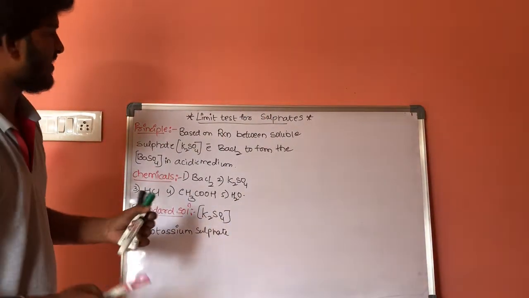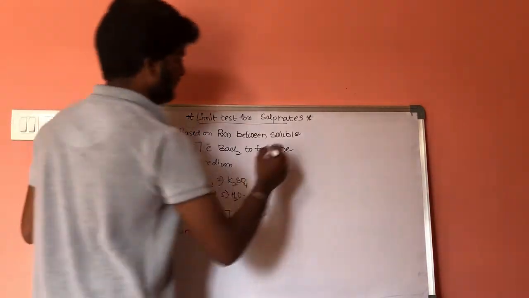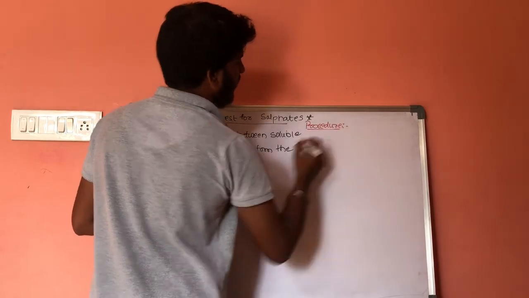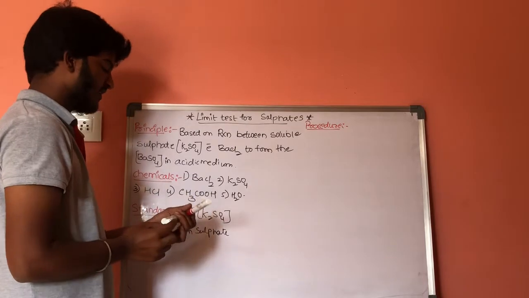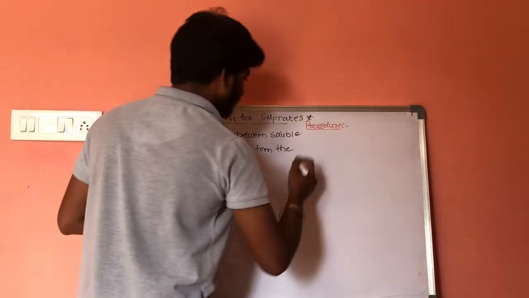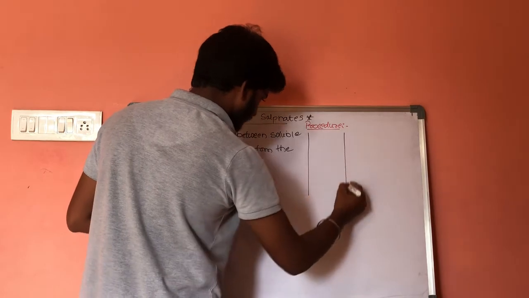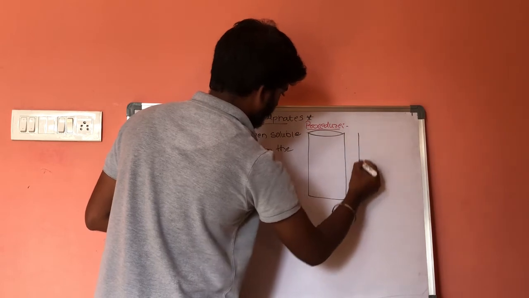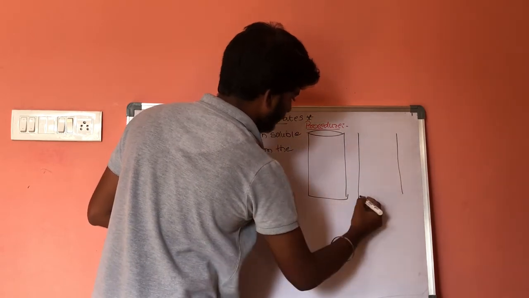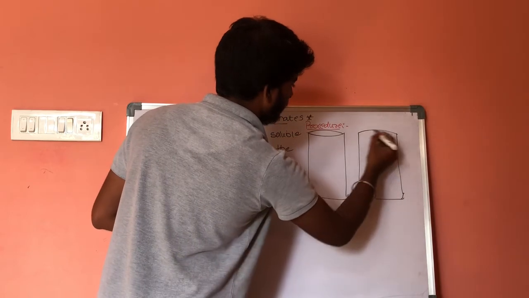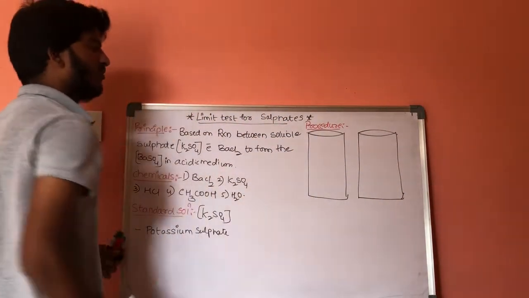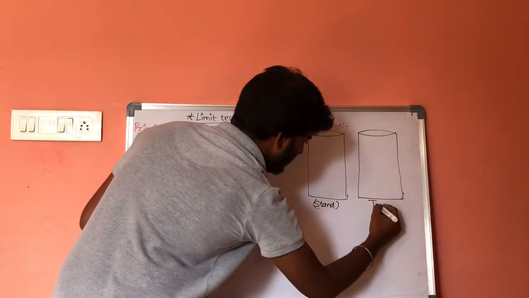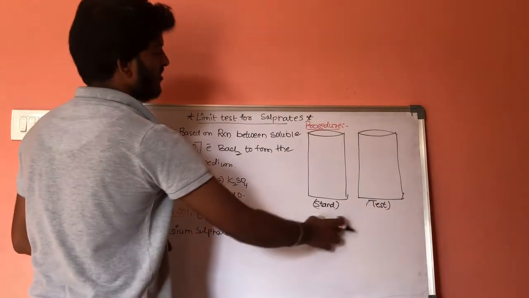Now if we discuss the procedure, this procedure includes 2 Nessler cylinders, in which one is the standard and the other is the test. This is the standard solution and this is the test solution.